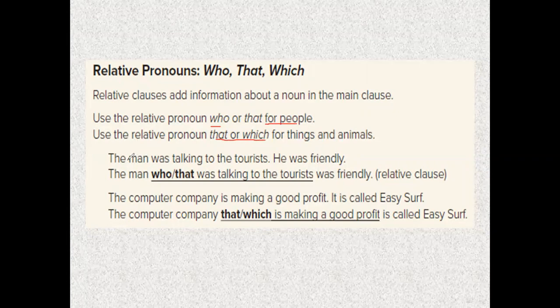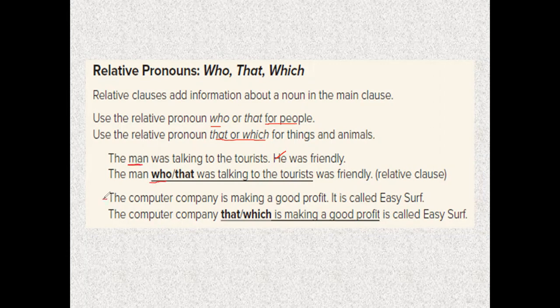For example, the man was talking to the tourists. He was friendly. The man who or that was talking to the tourists was friendly. So we omit he and we use who because who refers to a person or people, the man.